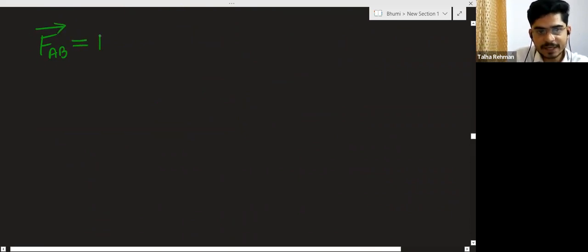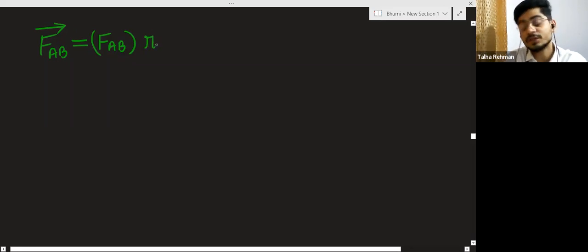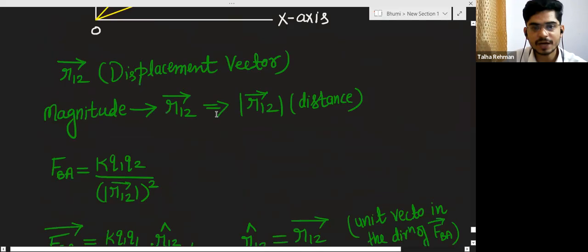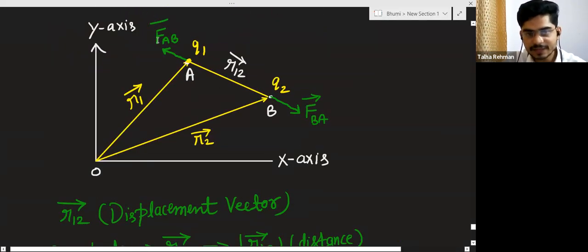For that, I need the magnitude of F_AB and the unit position vector in the direction of it. The direction of the position vector will now be R21 because the direction is like this.